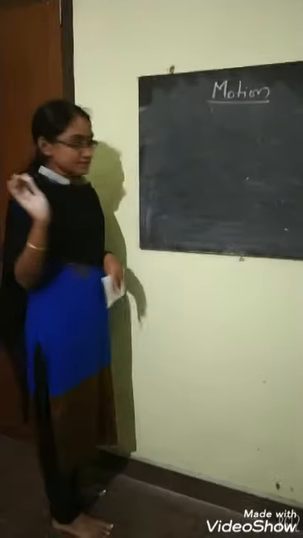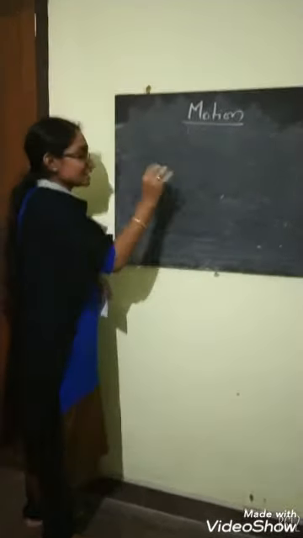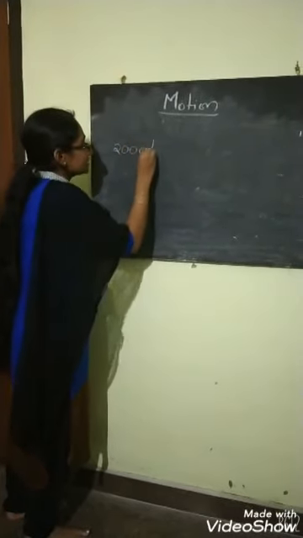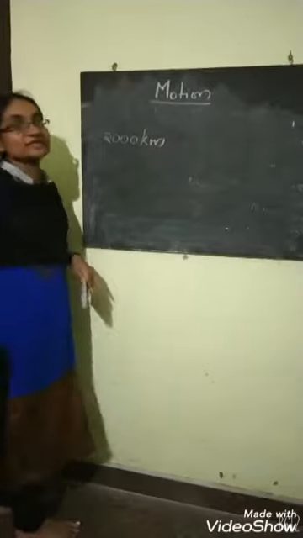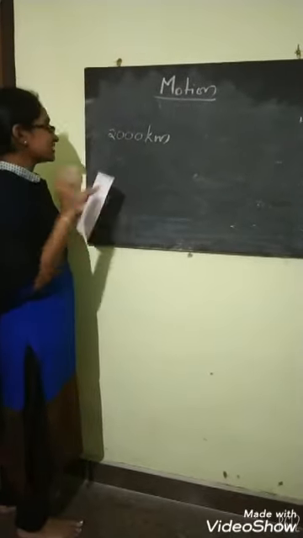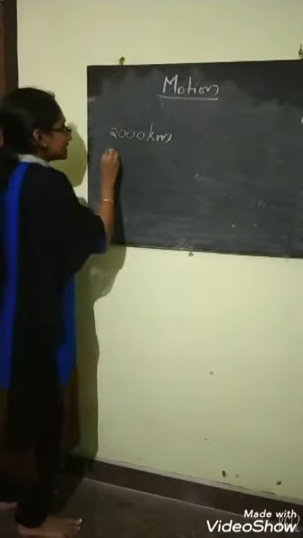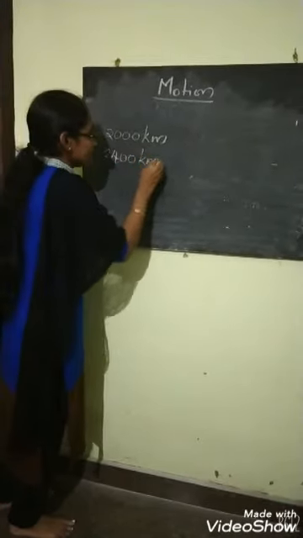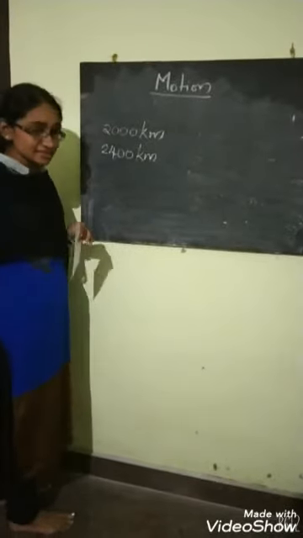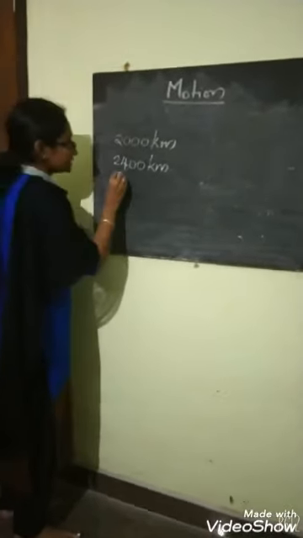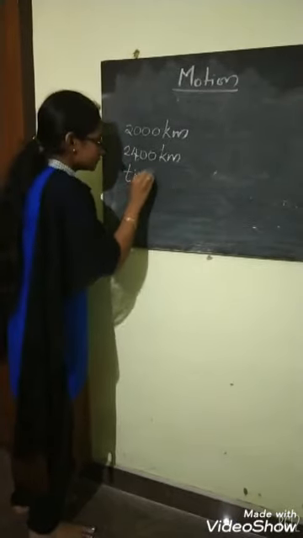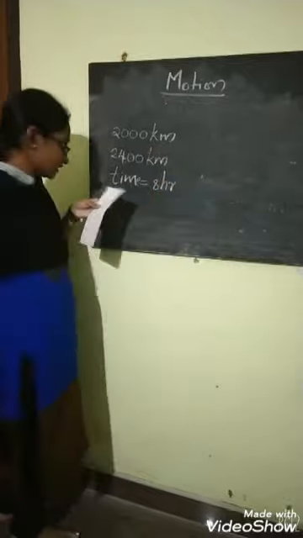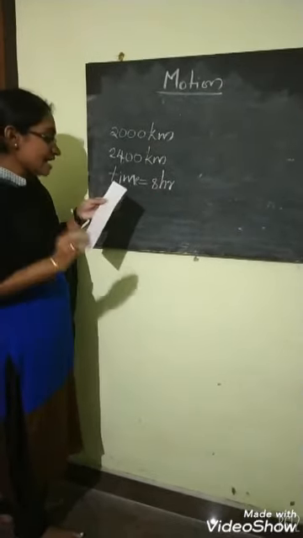A person is traveling, and when the journey starts, his odometer reads 2000 kilometer, and when the journey is completed, it reads 2400 kilometer, and he took 8 hours. So we want to find the average speed.